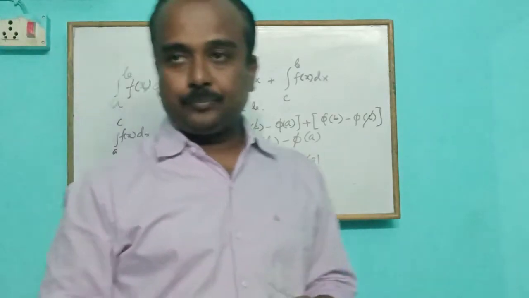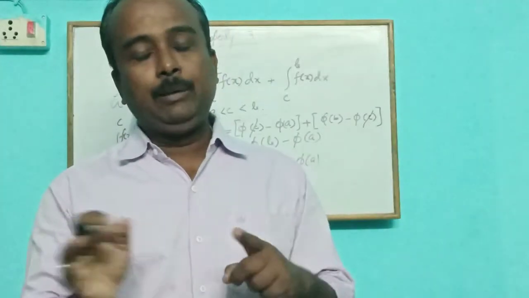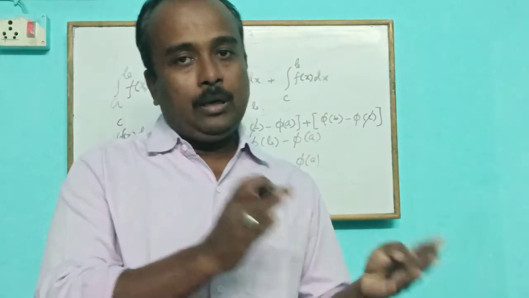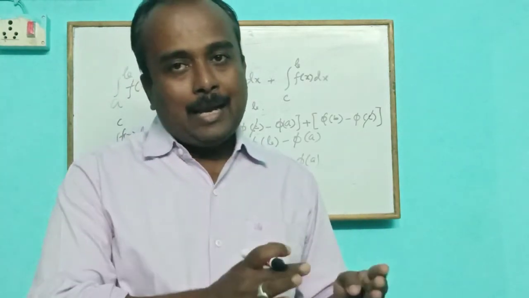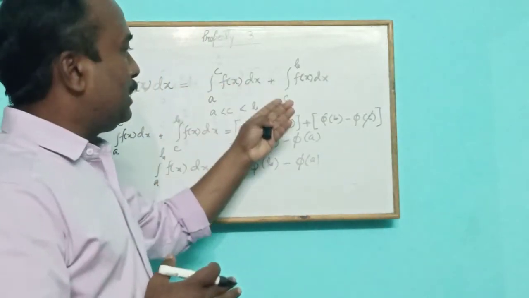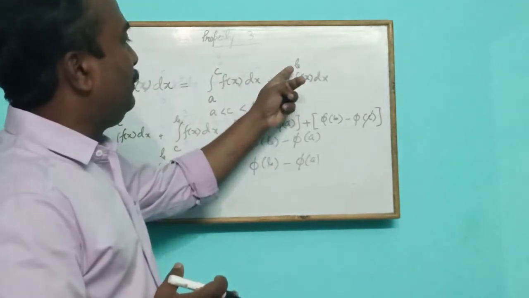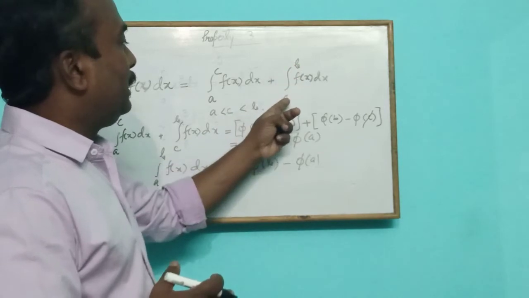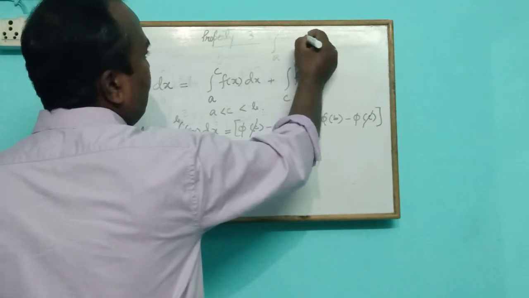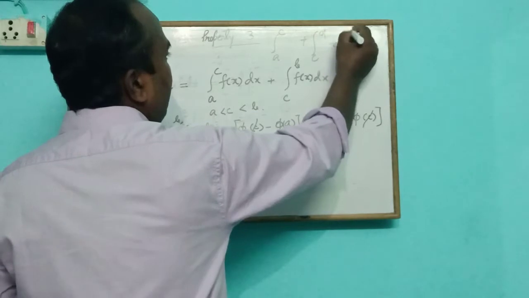This means that if we get a number in between the interval a and b, then we could write the given definite integral as two parts, a to c f x dx plus c to b. Continuing, if we could get another value in between c and b, say d, then we could write again a to c plus c to d plus d to b.